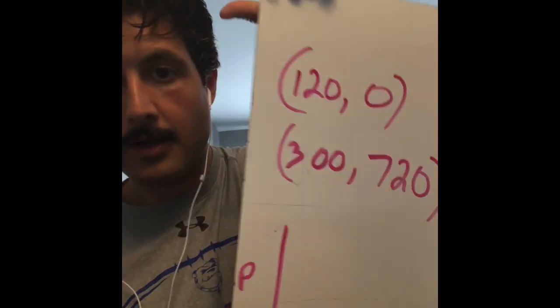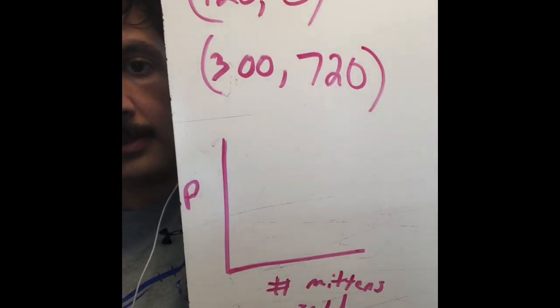So the initial cost, let's take a look at the graph that you're looking at. If you have number of mittens sold and profit. So there's number of mittens sold and profit, and you have some values. So you know if he sells 120 pairs, he'll break even. So that's zero profit. So let's just randomly put a point.